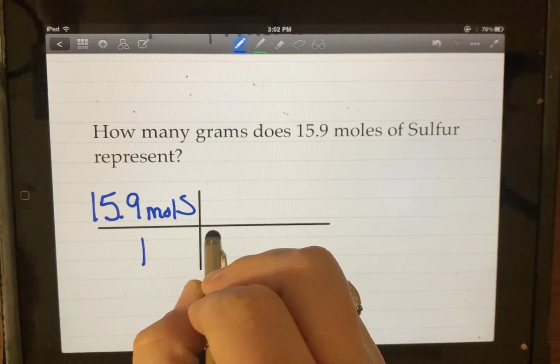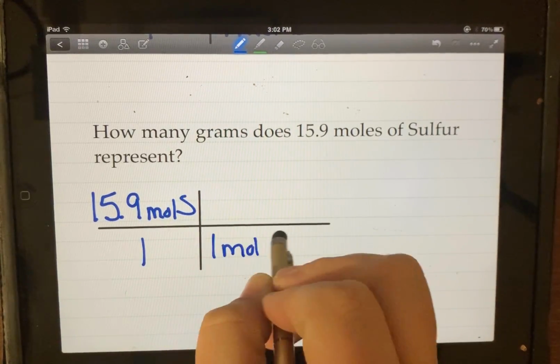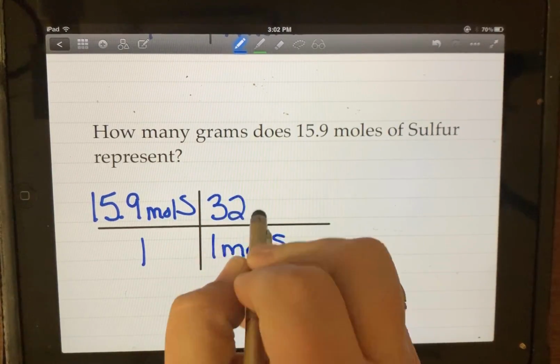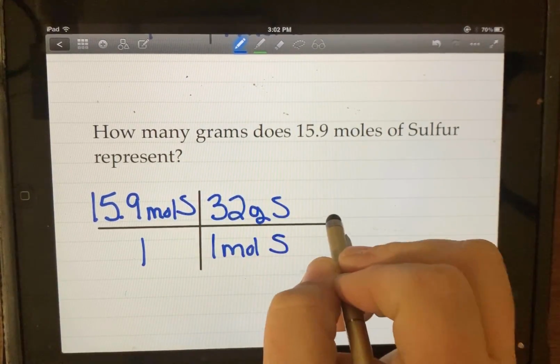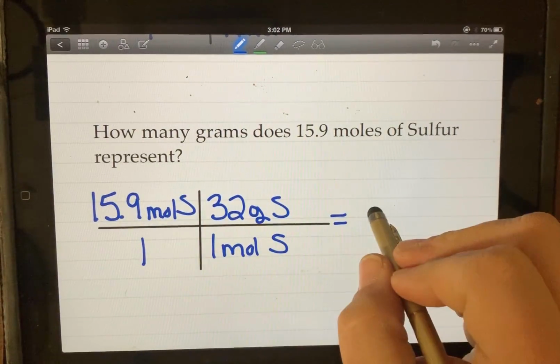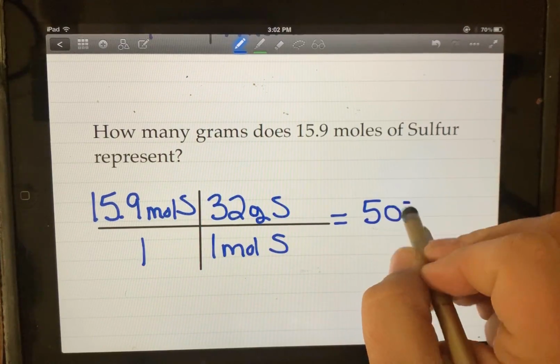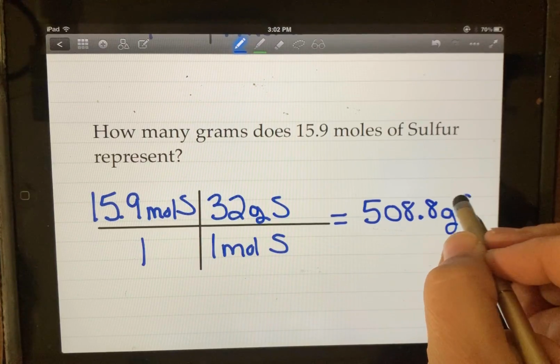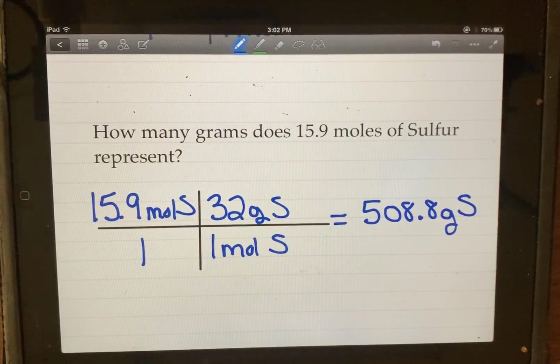Moles is on top. It's going to go on bottom. So I'm going to put 1 mole of S. 1 mole of S from the periodic table is 32 grams of S. And when I do the operation, I'm going to get 508.8 grams sulfur.